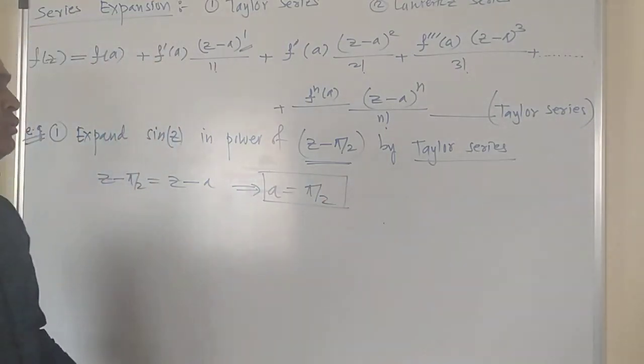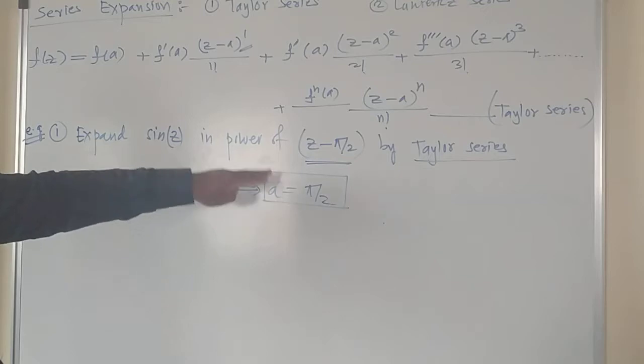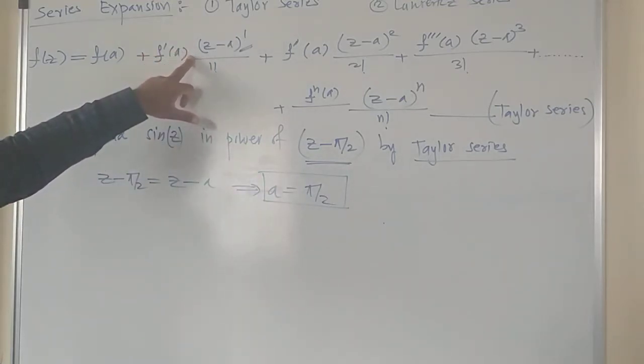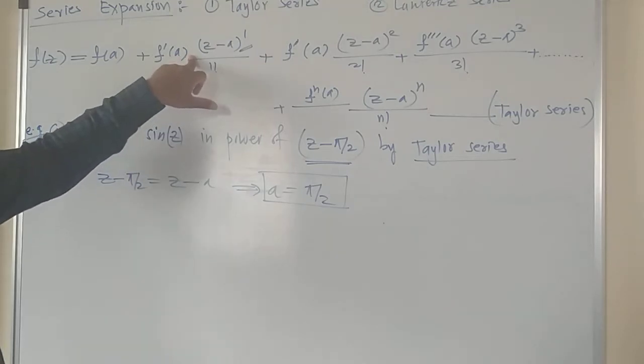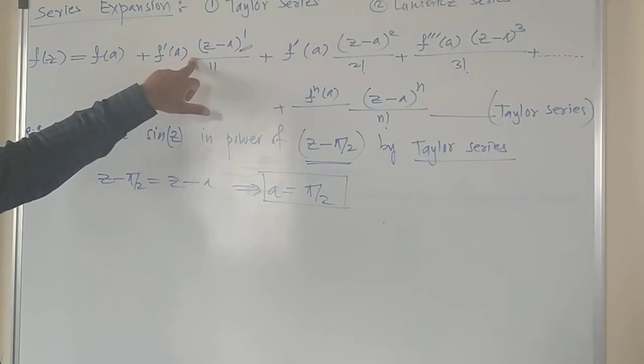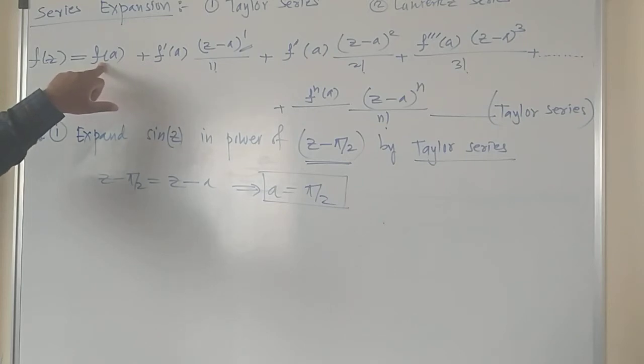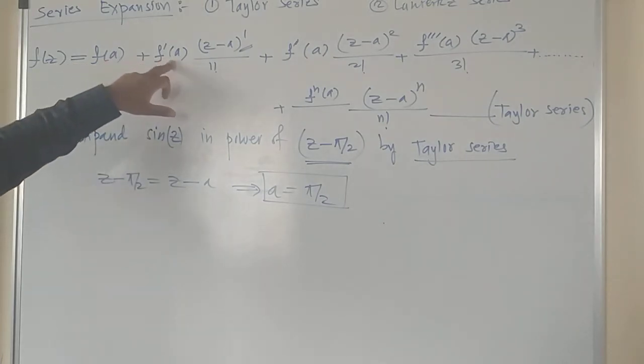So put the value of a equals pi by 2 into the Taylor series formula, and that will be your series expansion. But there are some more terms which you need to calculate. f of a you can easily calculate. f dash of a means differentiate the given function.